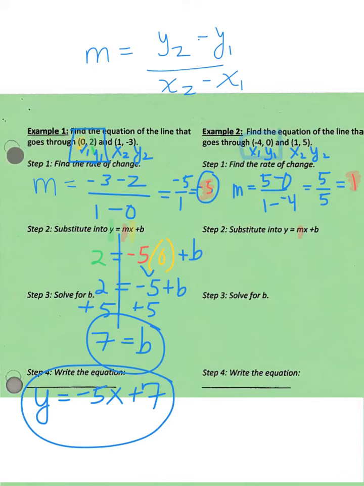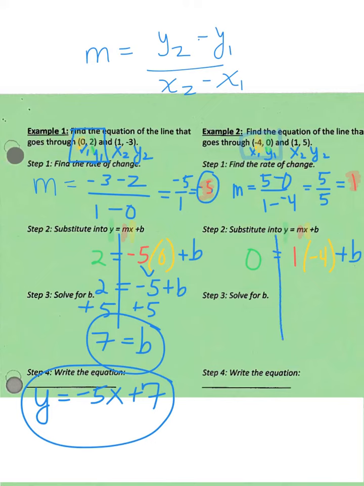And I'm going to plug negative 4 into the equation for x, and I'm going to plug 0 in for y. So that gives me 0 equals m, which I found was 1, times x from my point, which is negative 4, plus the value of b, which is what I'm trying to find.